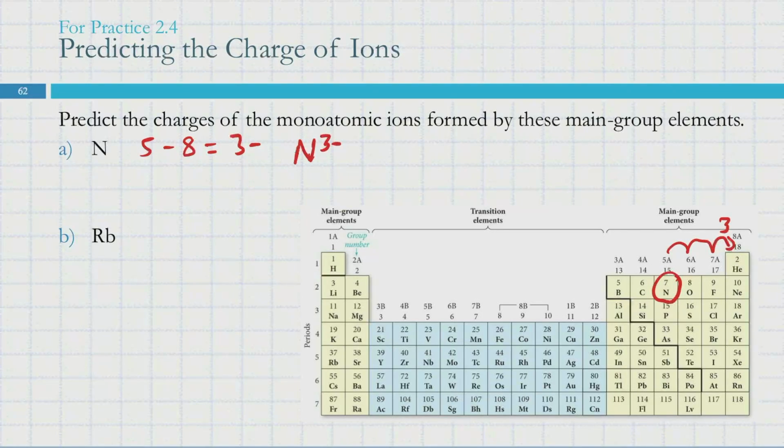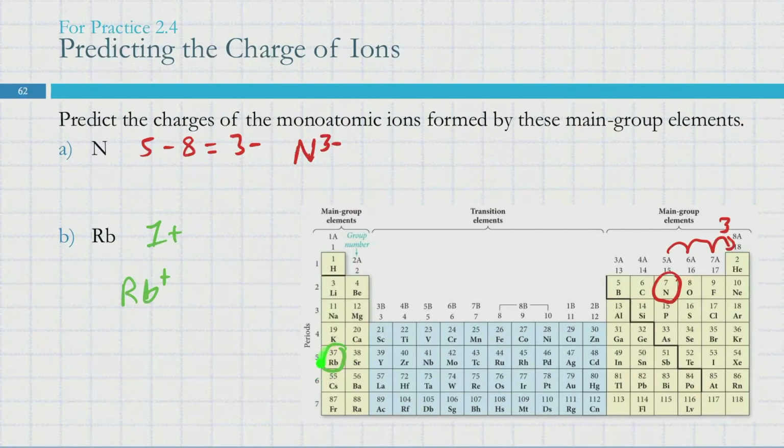Rb. So Rb we find in our first group, our alkali metal group. So it's going to form a 1 positive charge. So Rb plus.